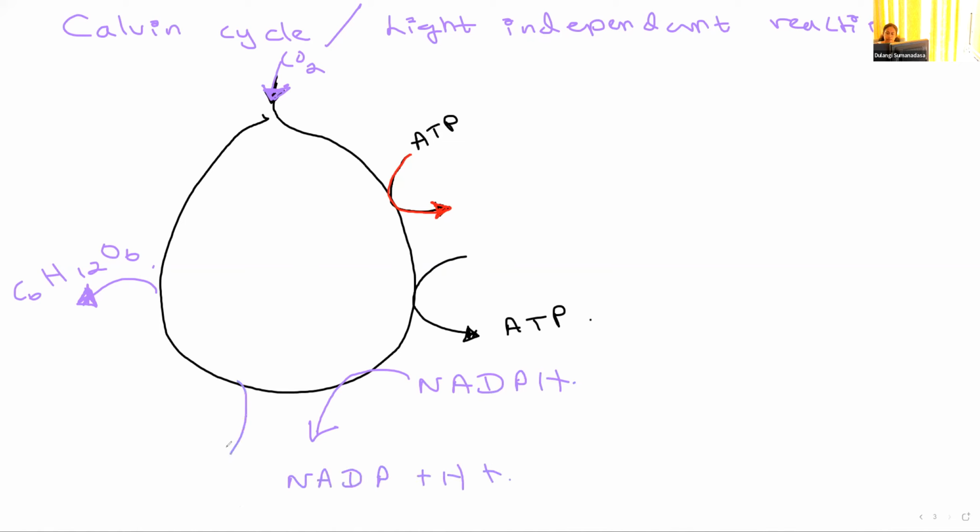Or you can write NADP plus, H plus and NADPH, yeah? So if I write it like this, NADPH is going in, products are NADP plus and H plus. If I write it like this, input is the NADP plus, product is the NADPH. This is not the Calvin cycle.